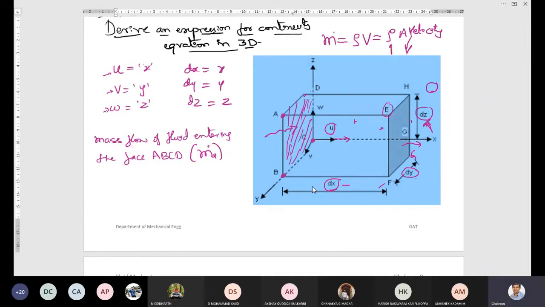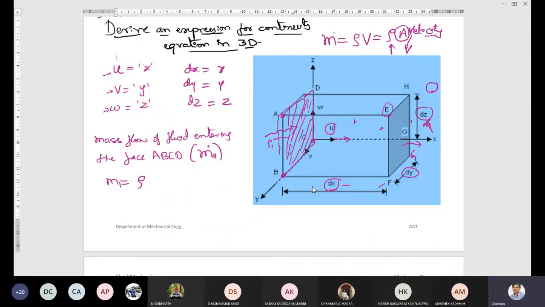So the density at inlet ABCD is rho1, and A is the area of the face ABCD at inlet. What is the velocity at ABCD? Now I will write M is equal to, at ABCD, or M1. The density I will take as rho, the density at surface ABCD.